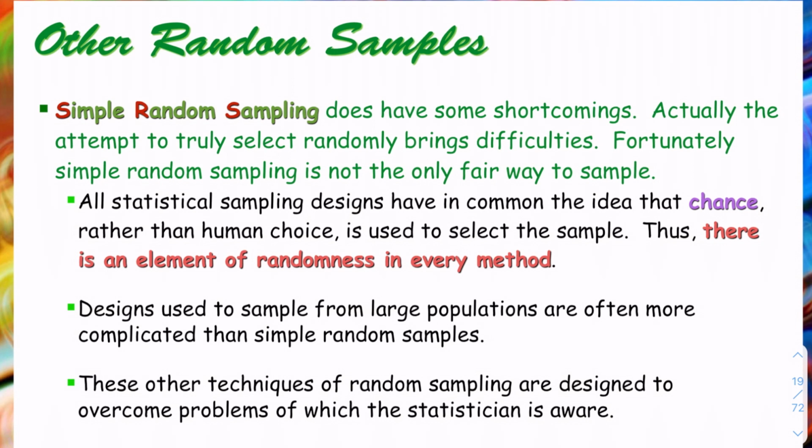Thus, there is an element of randomness in every method. If there is not this element of randomness in your method, you're doing something wrong. So designs used to sample from large populations are often more complicated than just a simple random sample. These other techniques of random sampling are designed to overcome problems of which the statistician is aware.